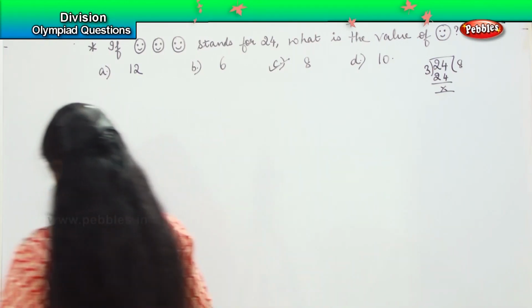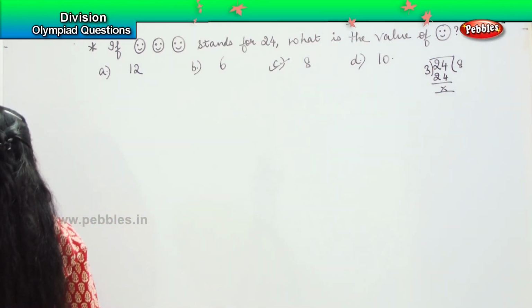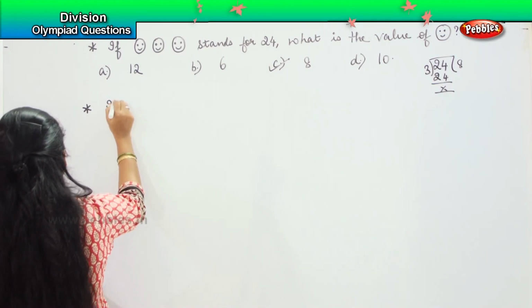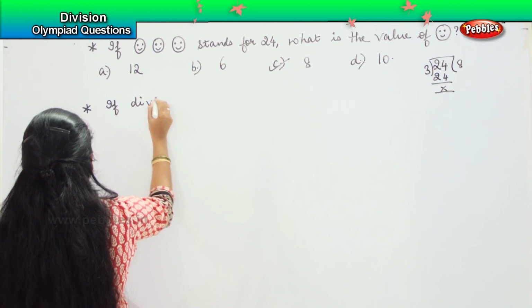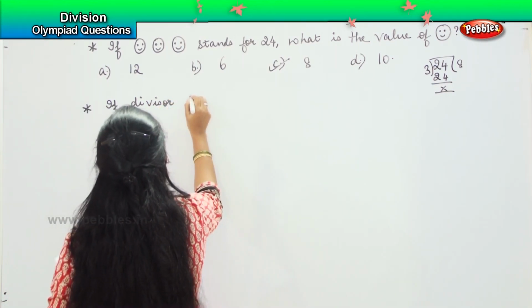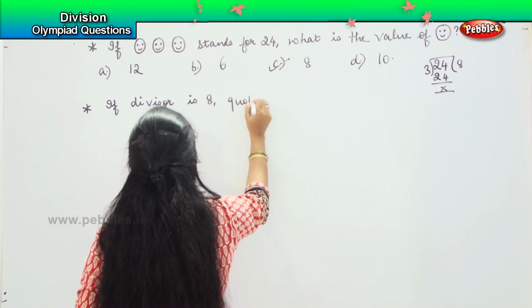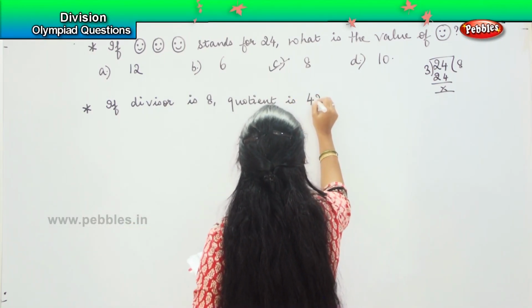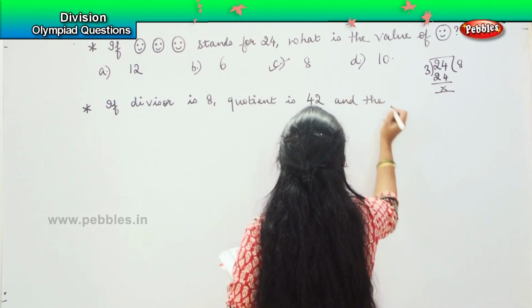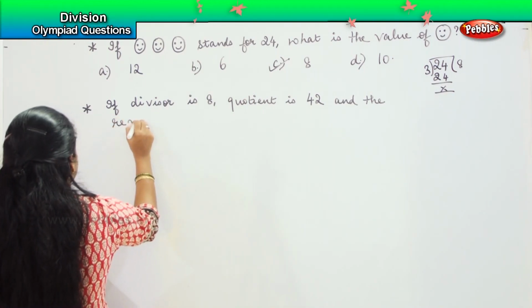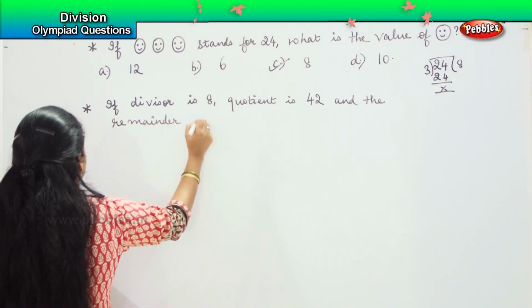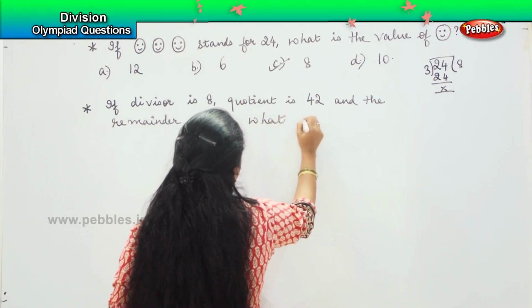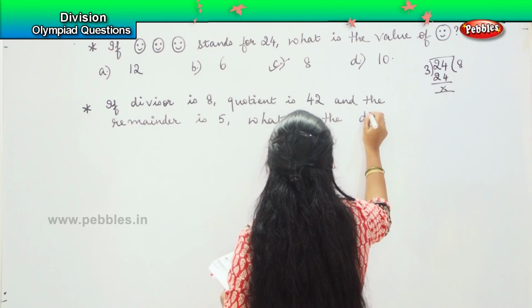Okay. So here is my next question. My next sum says, if the divisor is 8, quotient is 42, and the remainder is 5, what is the dividend?